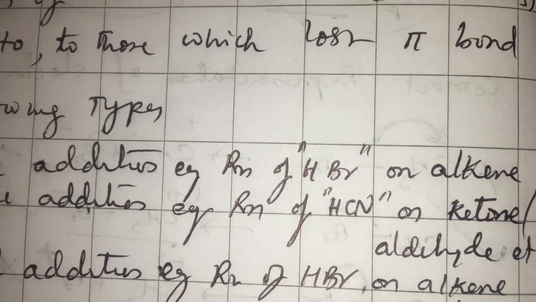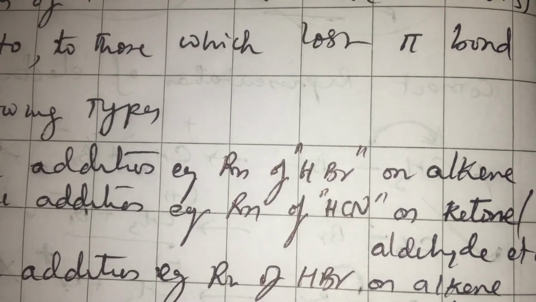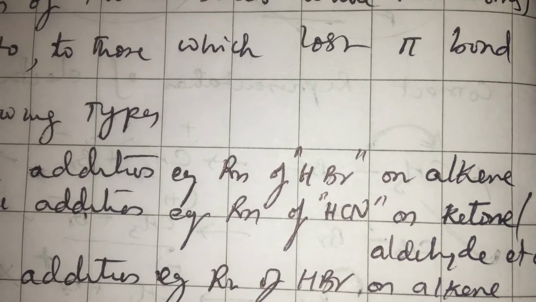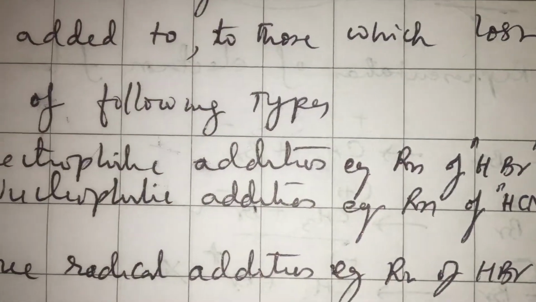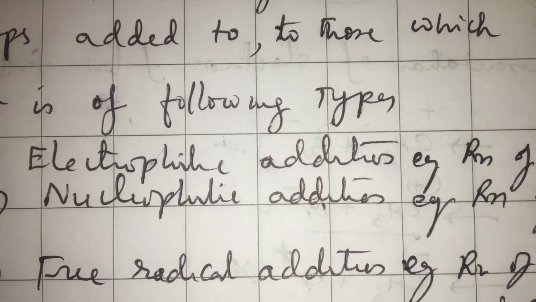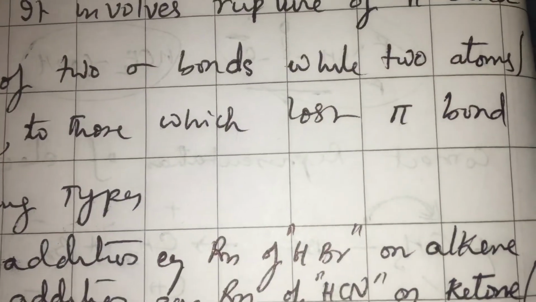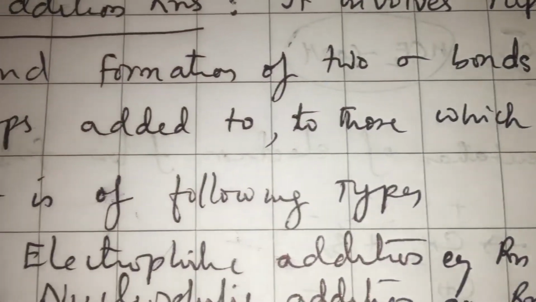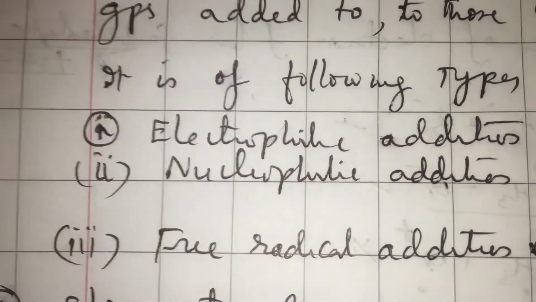It means HBr breaks such that you get a H free radical and Br free radical due to peroxide or light. So HBr addition to alkene in presence of light or peroxide is free radical addition. HBr addition to alkene in the absence of light or peroxide is called electrophilic addition.